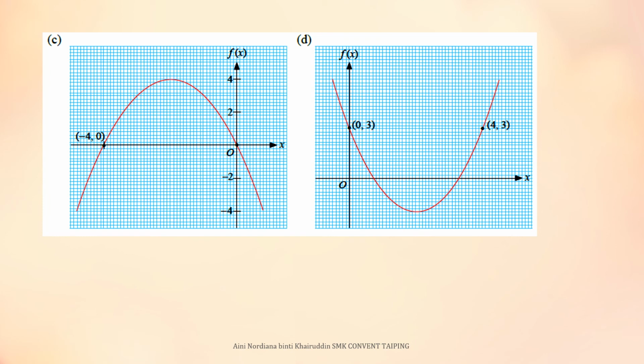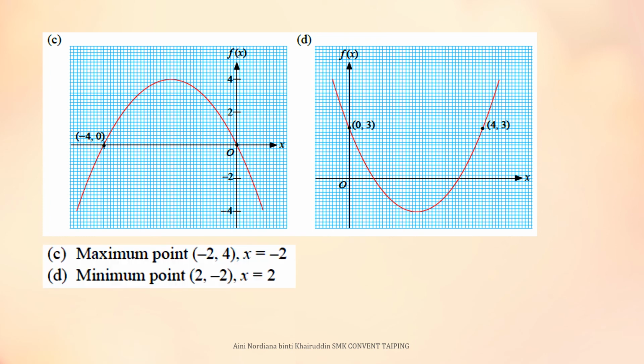For question C, we have a maximum point here. The coordinate of this point is negative 2, 4, and the equation of the axis of symmetry is x equals negative 2.